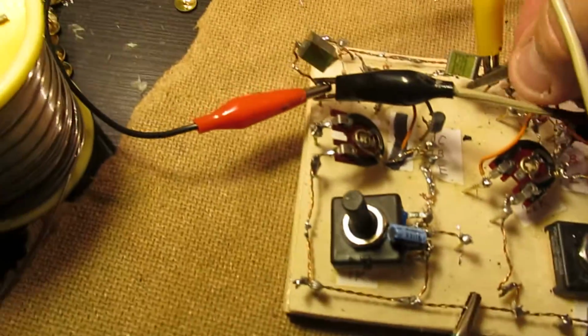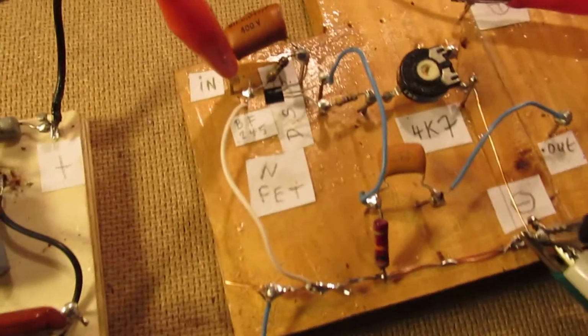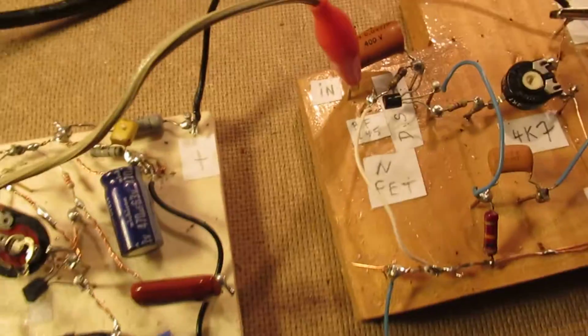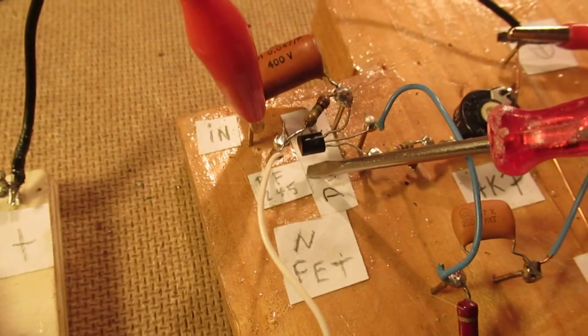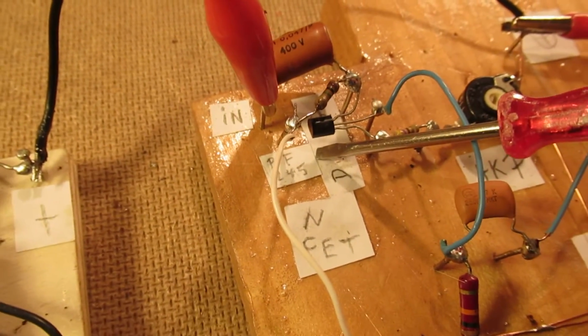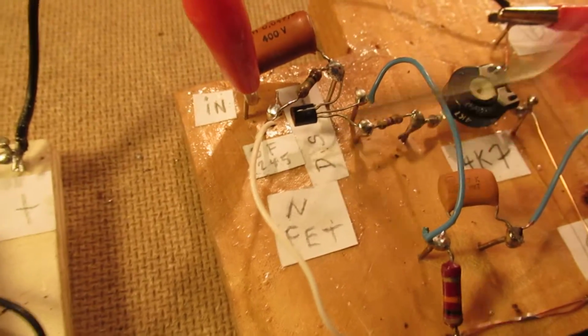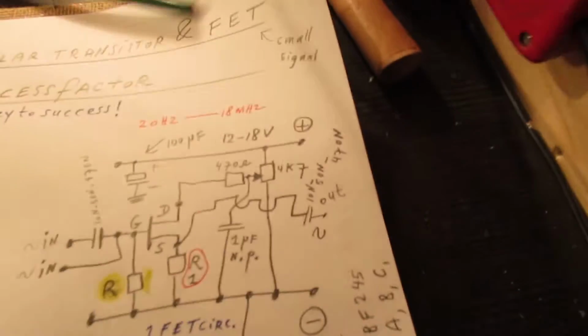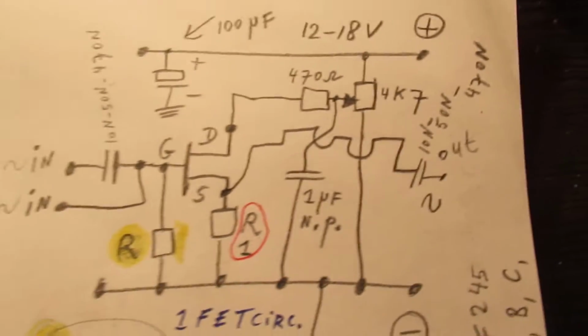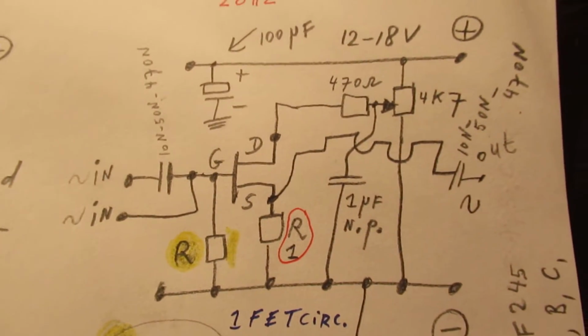We now go to the other circuit, and that's the field effect transistor circuit. Here is that field effect transistor. It's a BF245, an N-channel FET, and here we have that 4K7 potentiometer.